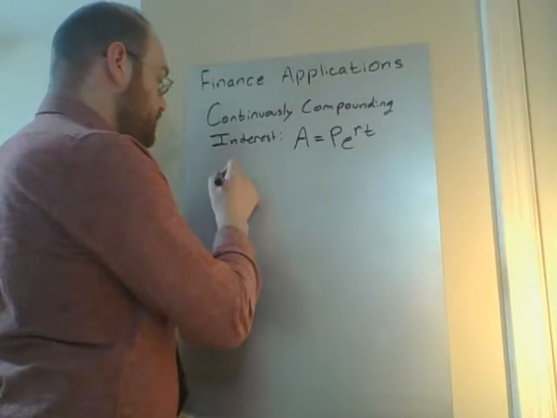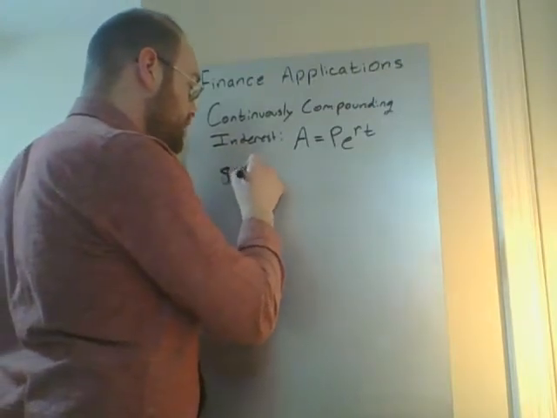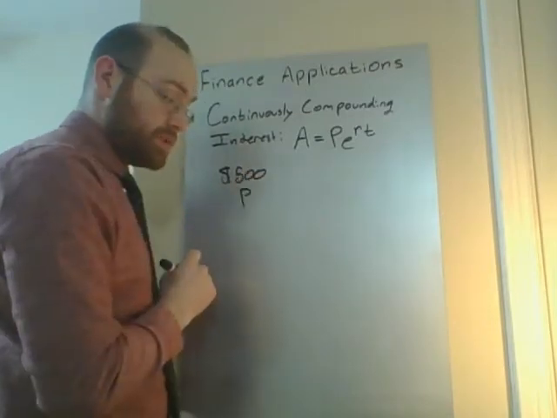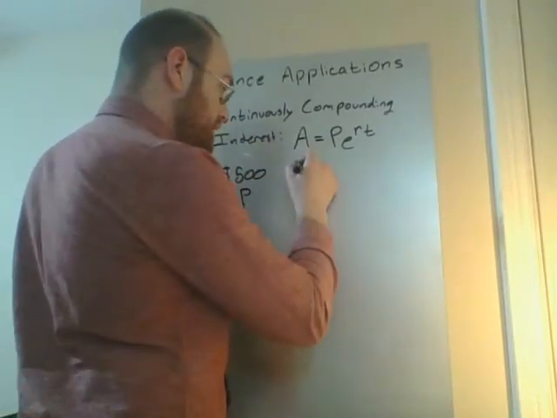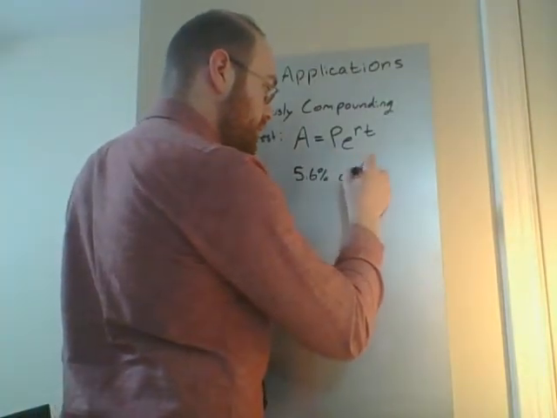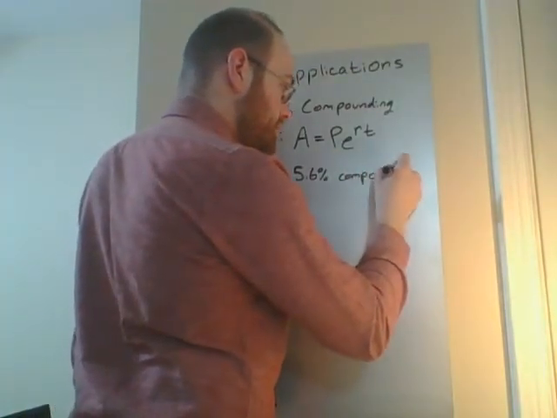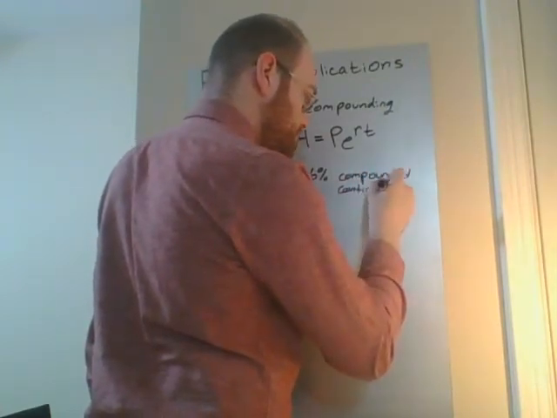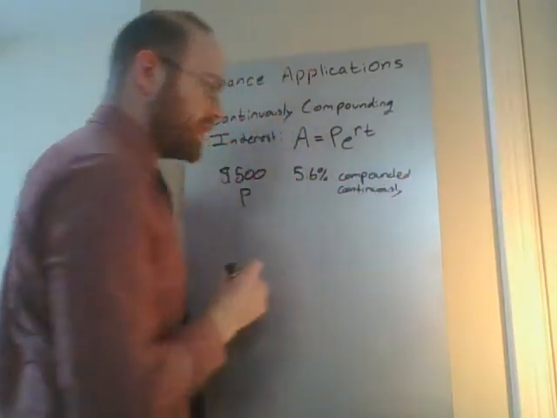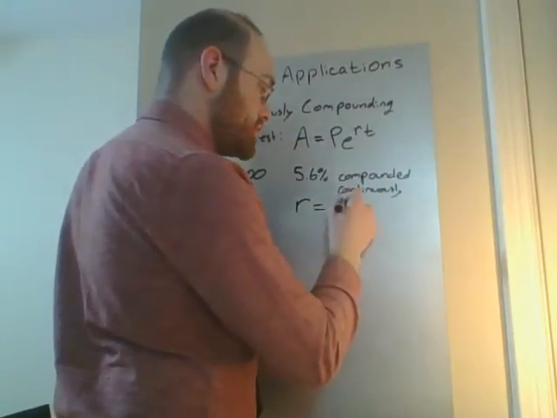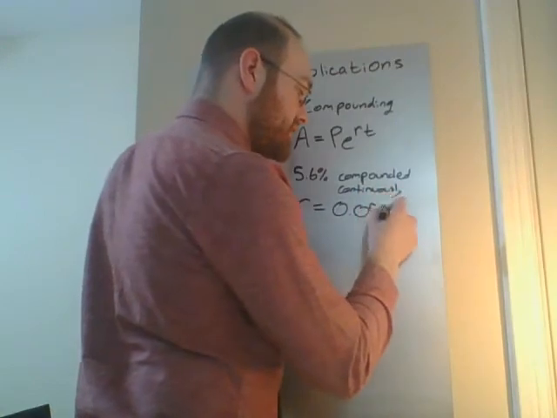Let's say we deposit $500 into an account. This is our principal. And the account pays 5.6% interest compounded continuously. So this means R is equal to 0.056.